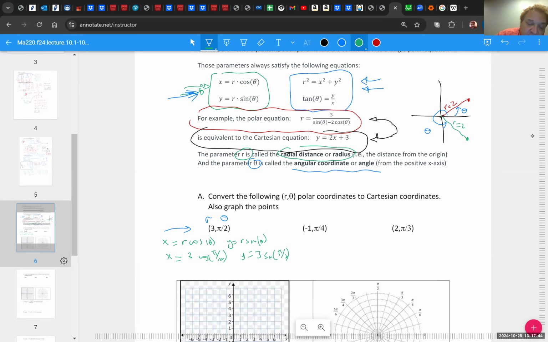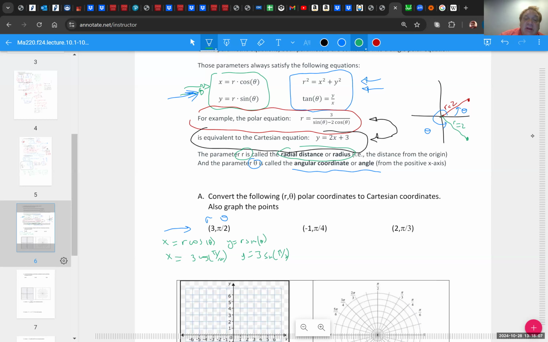So you'll have to remember your basic trig calculations. There are about 5 trig values that we want you to memorize: 0, pi over 6, pi over 4, pi over 3, and pi over 2. If you don't remember them, that's okay. Grab a calculator or some notes so that you can begin to memorize those basic calculations.